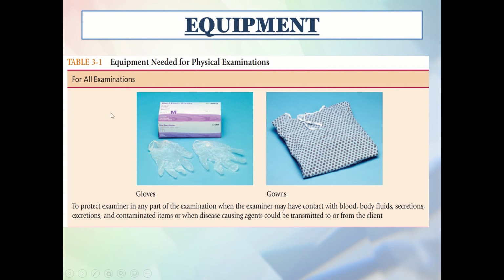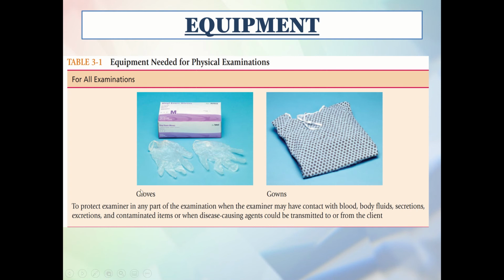So, for all examinations, we have gloves and gowns. Depending on the type of examination na gagamitin natin, we may use gloves and then gowns as well. This is depending on your agency and depending on your protocol.